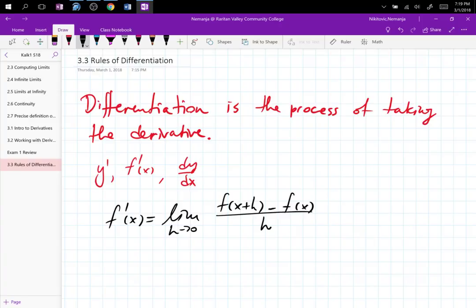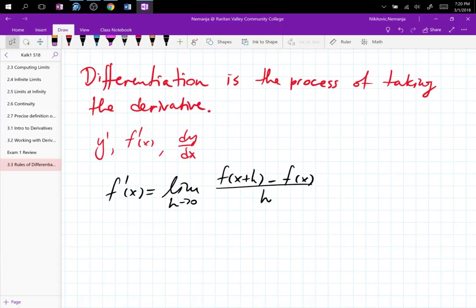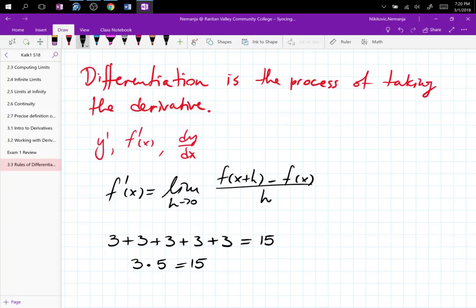So now you are faced with a choice like the choice that was presented to you a long time ago, except people didn't put it as a choice. They said, learn this. At some point in time in your past, 3 plus 3 plus 3 plus 3 plus 3, you learned that to be 15. And then you said, well, let me memorize 3 times 5 is 15, because it's really annoying to compute 3 plus 3 is 6, plus 3 is 9, plus 3 is 12, plus 3 is 15 every time you need to calculate something like that.